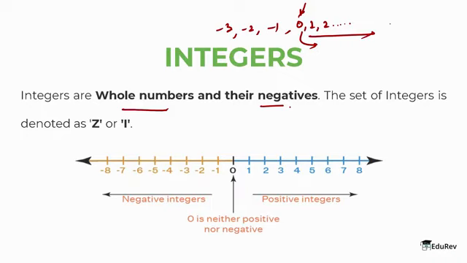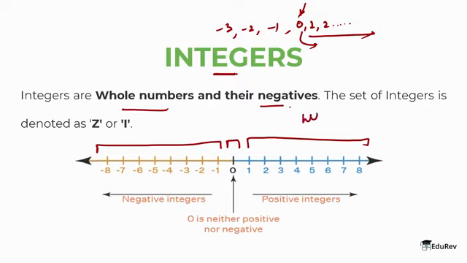That's why we also write the negatives of these numbers, that is -1, -2, -3, etc. So all the negative numbers plus 0 plus all the positive numbers will formulate what? Your integers. Correct? So integers will basically be whole numbers plus their negatives.